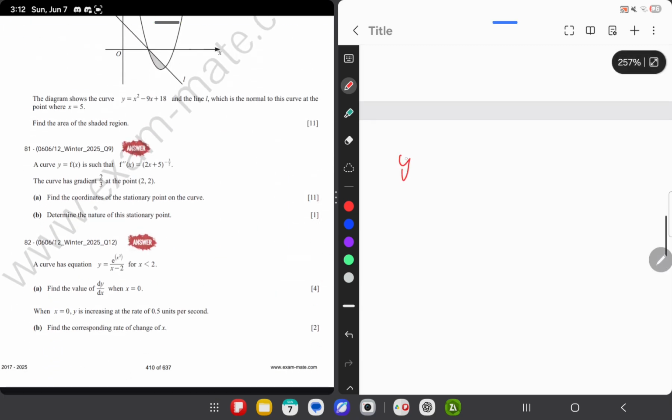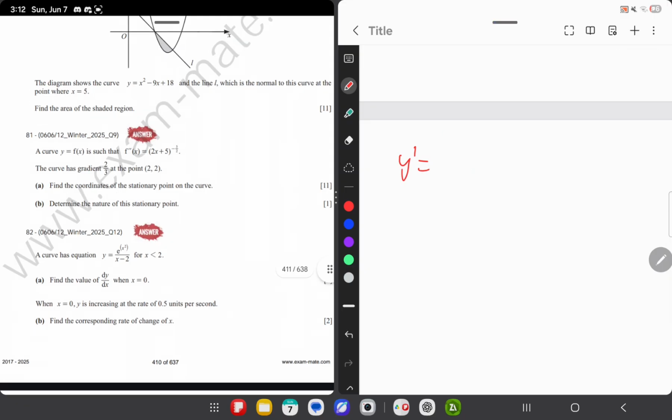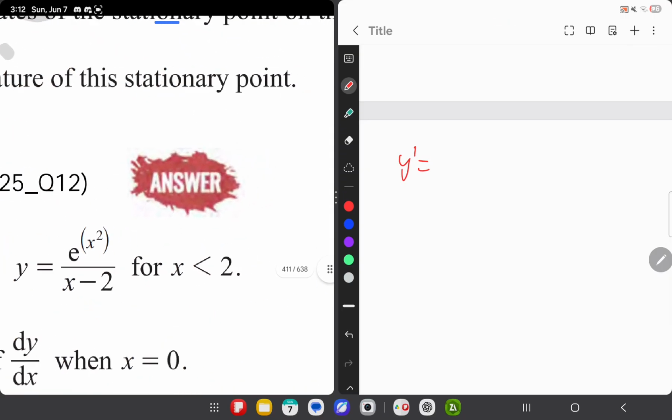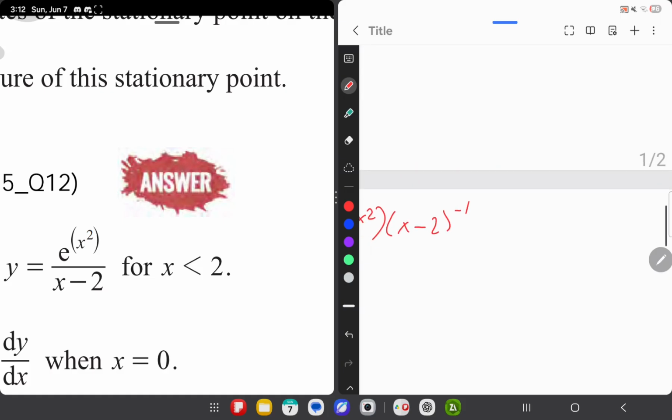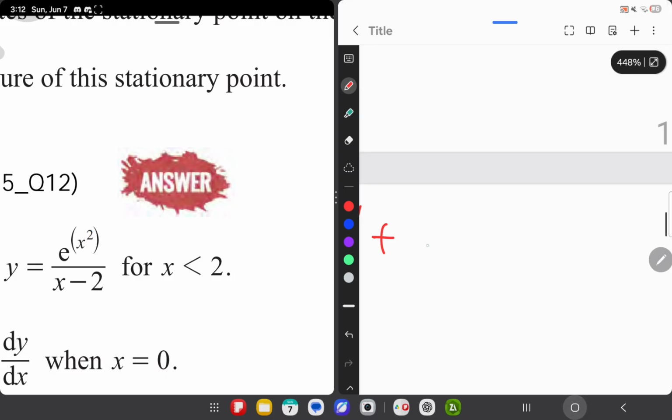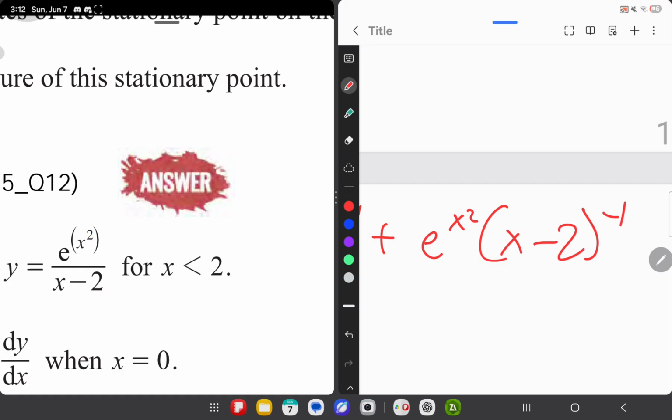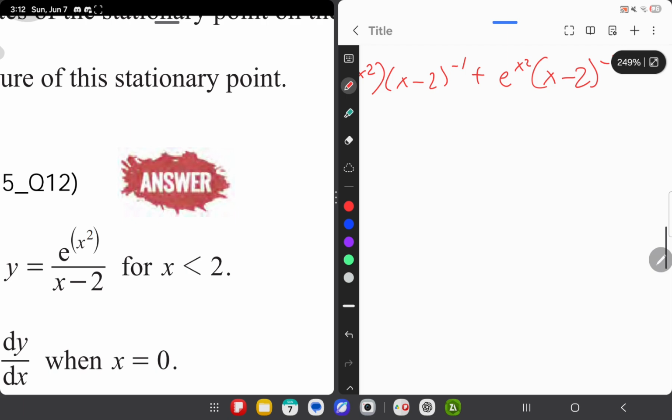Next, y prime is equal to 2x e to the x squared times x minus 2 to the negative 1, plus e to the x squared times x minus 2 to the negative 1 to the negative 2, and 1 times 1 is 1. So nice.